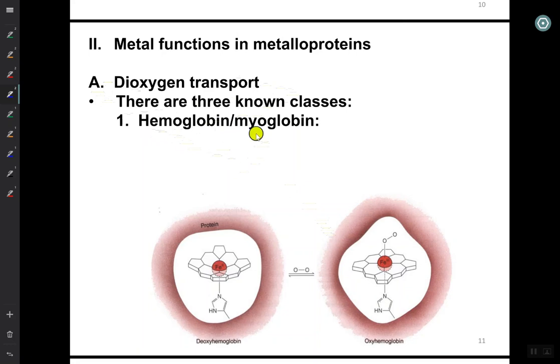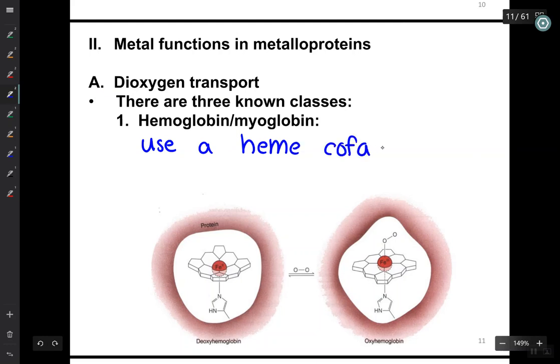This one you probably know about, hemoglobin and myoglobin. So these enzymes, or proteins actually, they're not enzymes, they use a heme cofactor and they're found in vertebrates. So lots of animals use this heme for respiration.